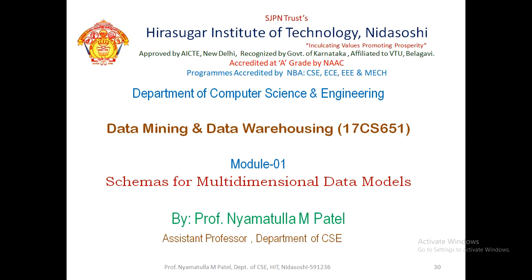Today, again, we are going to discuss Module 1. This is the fourth video lecture on Module 1 of Data Mining and Data Warehousing. In this video lecture, we are going to study schemas for multidimensional data models.